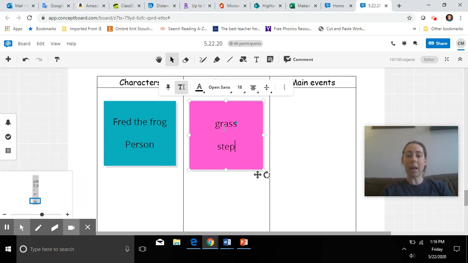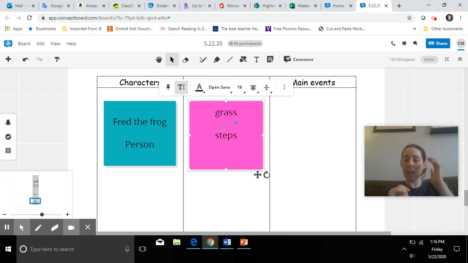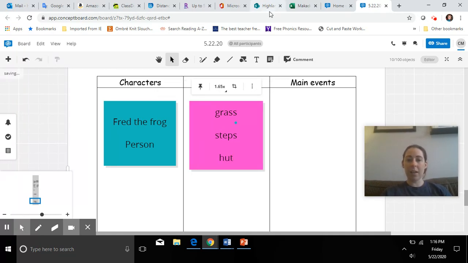Now I'm going to add my suffix s because I know there are more than one step. Steps. And then hut. Remember, a hut is a little house.